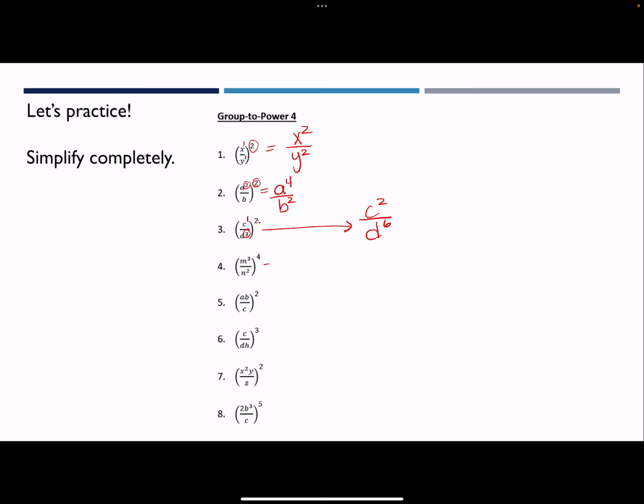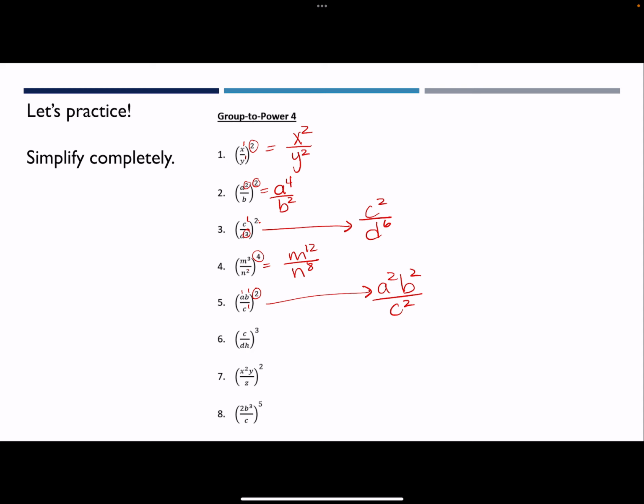Number 4, we're just multiplying those exponents. So m to the 3 times 4 is 12. N to the 2 times 4 is 8. I'll put this over here. A is to the first power, B is to the first power, and C is to the first power. I'm raising all of those to the second, so I'm multiplying all those exponents. So 1 times 2 is just 2.